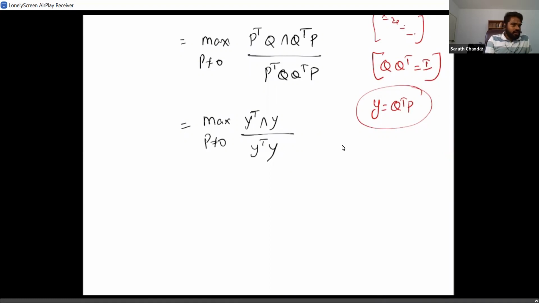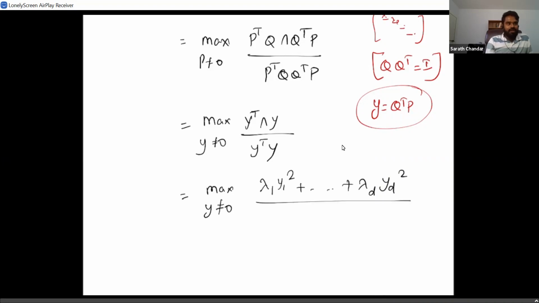So, with Y not equal to 0, the numerator expands to lambda 1 times Y1 square up to lambda D times YD square. Similarly, the denominator becomes Y1 square plus up to YD square.